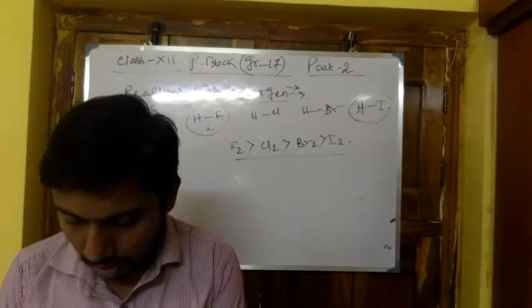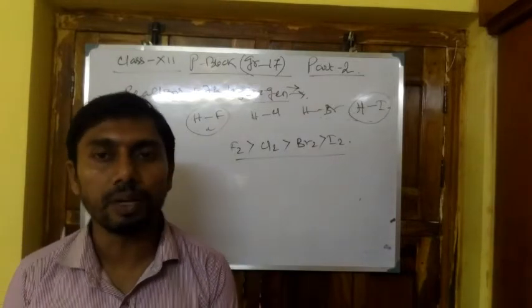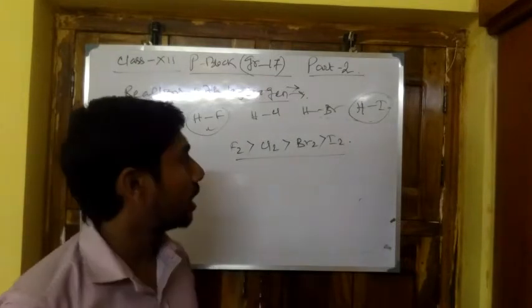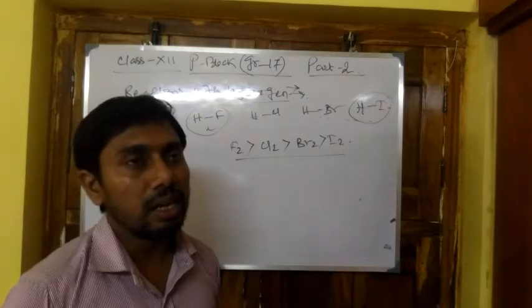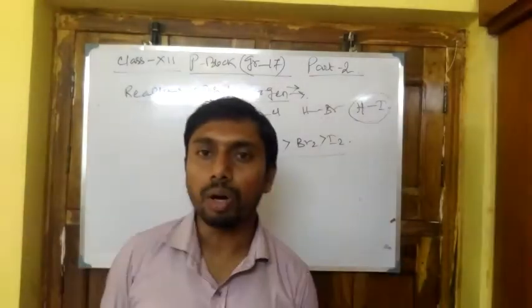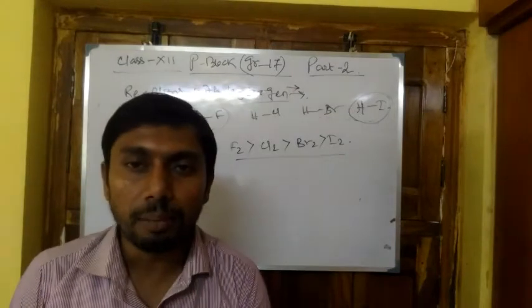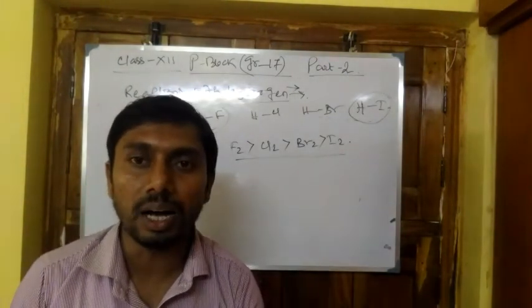Next one is, if we follow the reaction condition, that is formation of the hydrogen halide, then we can easily prove that the tendency decreases. That is, if we use strong conditions, that is catalyzed condition, we can produce HI, but the reaction of hydrogen and fluorine generally occurs in dark.